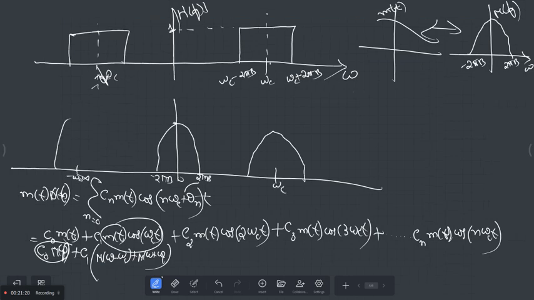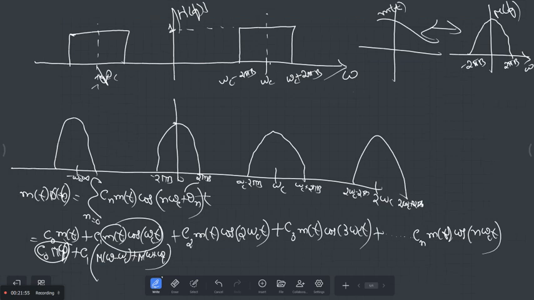Same thing. This is omega c plus 2 pi B. This is omega c minus 2 pi B. Okay, next, is it over now? No, what about this term? Same thing, shifted by 2 omega c. You will have one more here at 2 omega c, same thing. This is 2 omega c plus 2 pi B. This is 2 omega c minus 2 pi B.